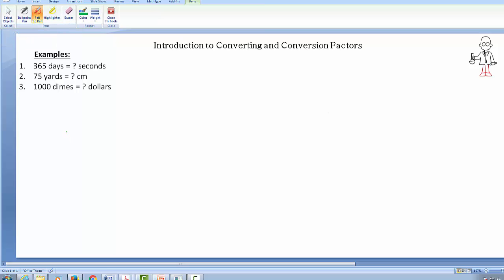Okay, welcome to this tutorial on converting and conversion factors. We will do a lot of converting in this chemistry course, and converting from one unit to another unit is quite simple.